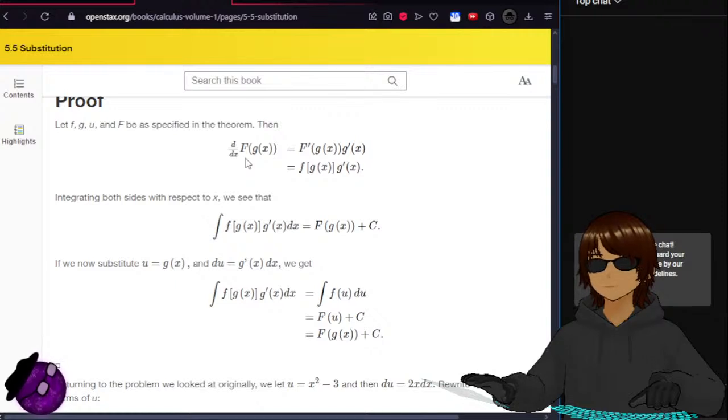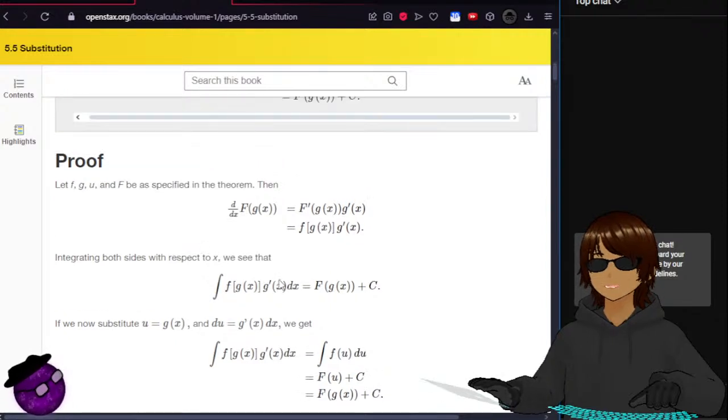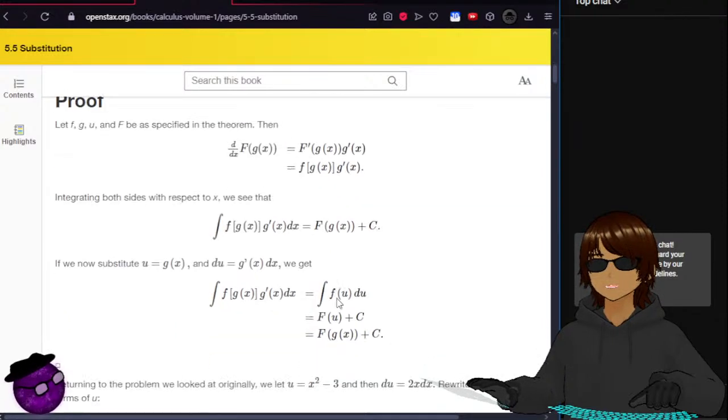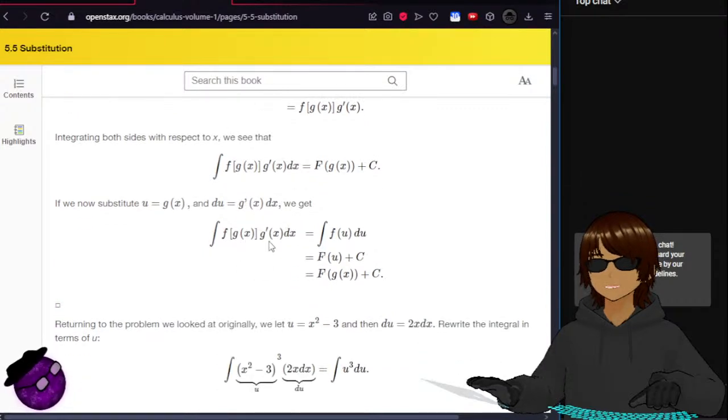F of g of x, derivative of this, integrating both sides will give this. If we substitute u is equal to g of x and du is equal to the derivative of g of x dx, we get the integral of f of u du, which is f of g of x plus c.